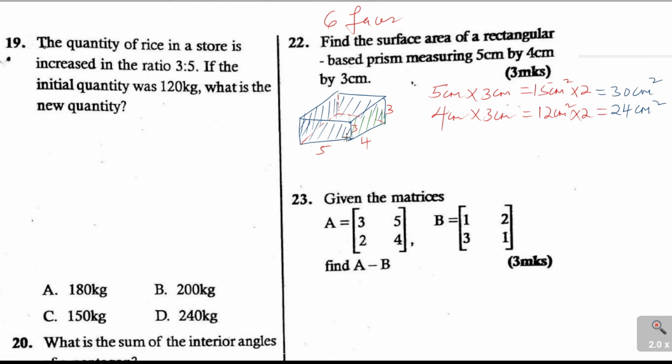The bottom face measuring 5 centimeters by 4 centimeters. This will give 20 centimeters squared. We multiply by 2 because of the other face on the top. And this will give 40 centimeters squared. We add now to get the total surface area. So when you add, this will give 94 centimeters squared as the solution.